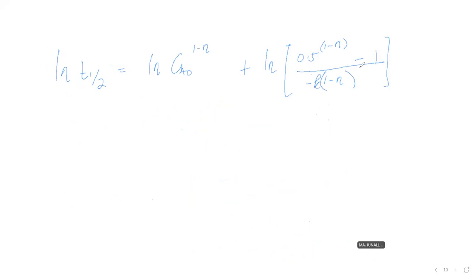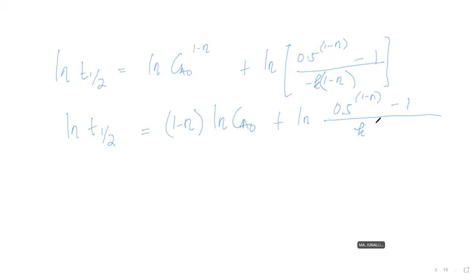Right? Now, you have ln of the half-life being equal to 1 minus n ln of CAO plus this entire thing, 0.5 raised to 1 minus n minus 1. So I don't want to deal with the negative. So this is n minus 1.